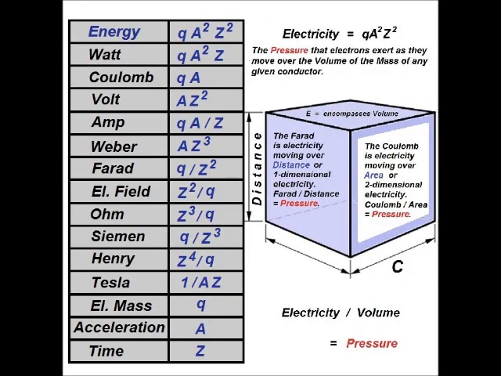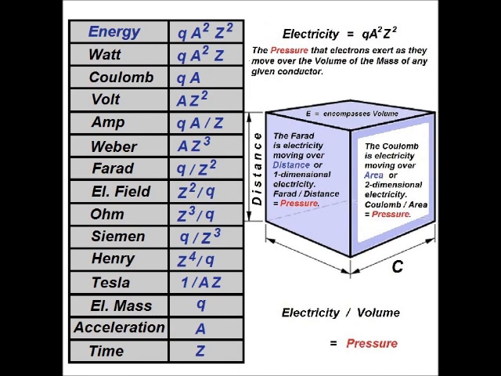And so we can see that each and every possible electrical unit is visually depictable in regards to this one three-dimensional cube. The Coulomb times the volt is the electricity. Amp times Weber is the electricity flowing over the cube.